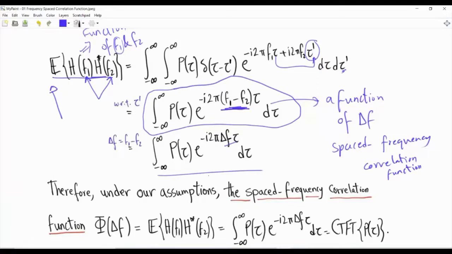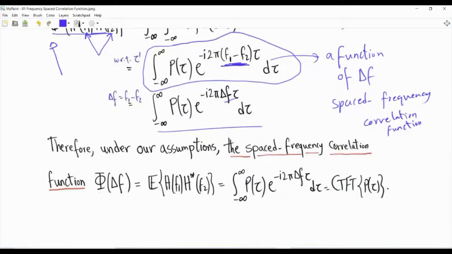So we have the spaced frequency correlation function, which under our assumption depends only on the difference between the two frequencies, and this function is exactly equal to the CTFT of p of tau. Under the assumption of uncorrelated scattering, it's as if you take the Fourier transform of the multipath intensity profile.